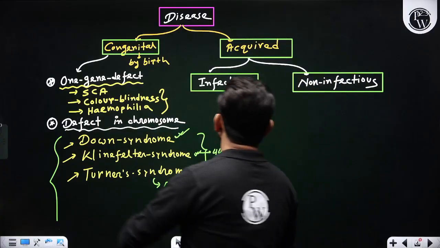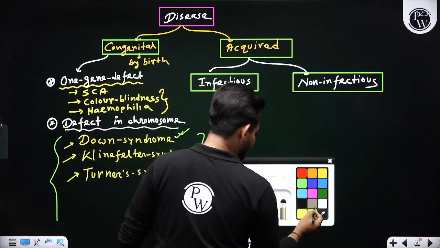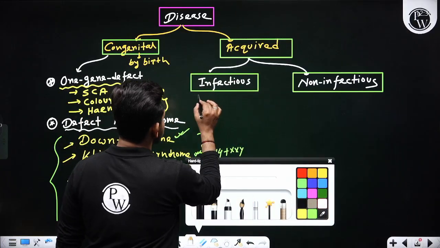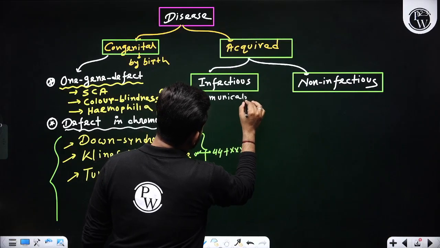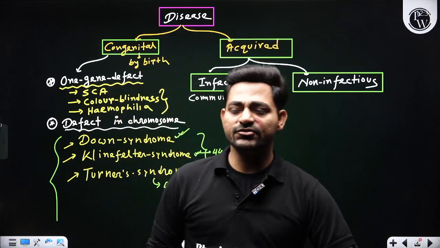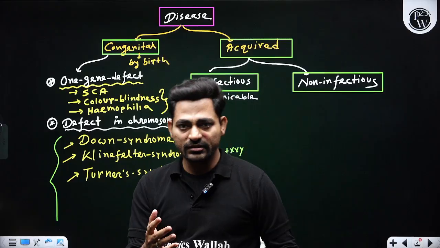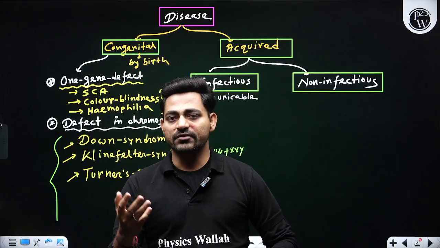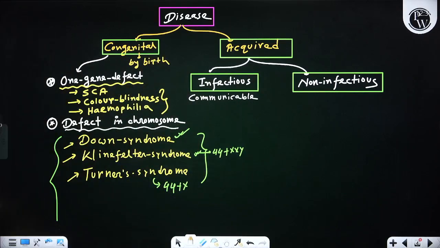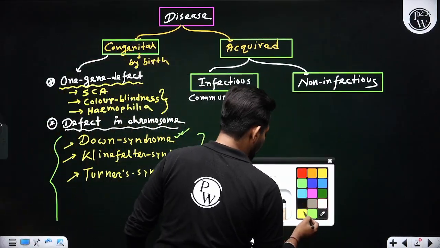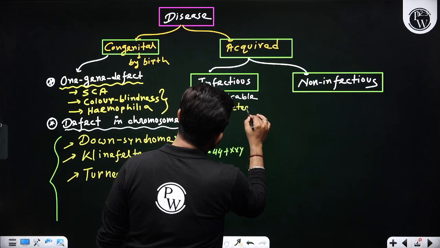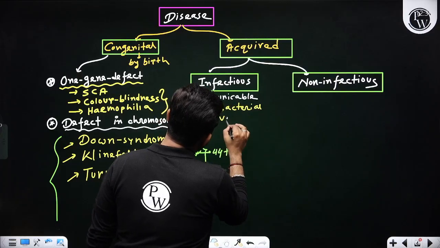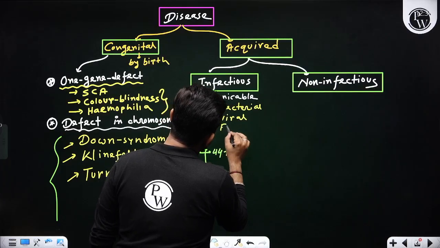Okay. Now if we are coming to acquired diseases, infectious diseases are also called communicable diseases, because they are spread by modes of communication, like by air, by water, by food. The infectious or communicable disease can be a bacterial infection, a viral infection, or a fungal infection.